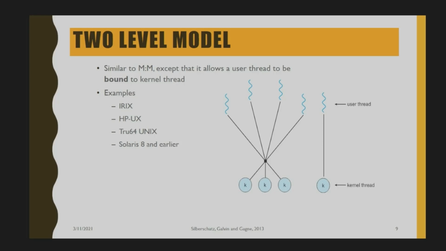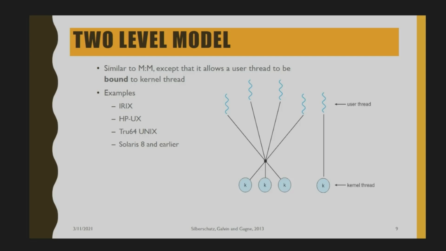Okay, another model is the two-level model. This model is quite similar to the previous model, the M to M, many to many. The only difference is it allows a user thread to be bound to a kernel thread. You can see here, this one is the M to M, many to many, and this one is the two-level model.